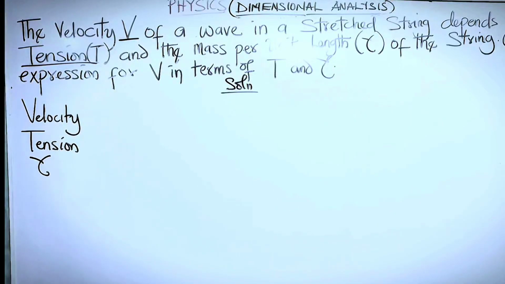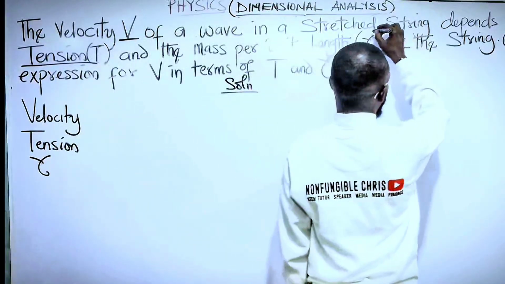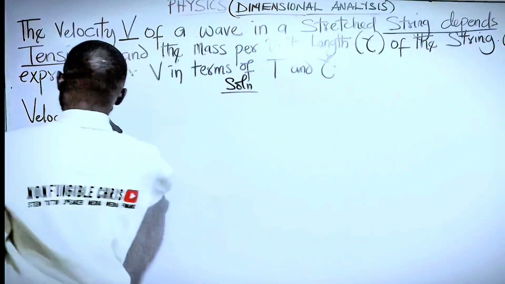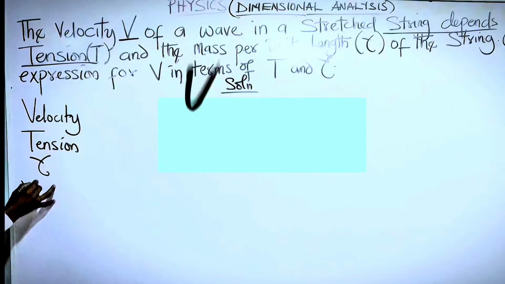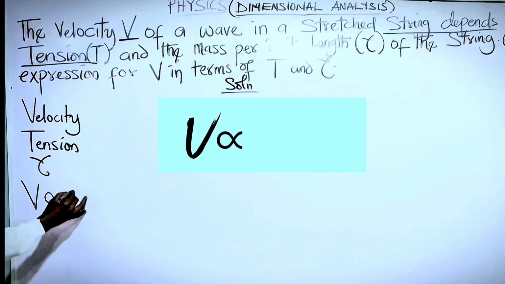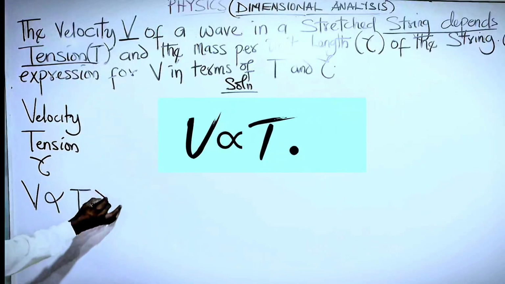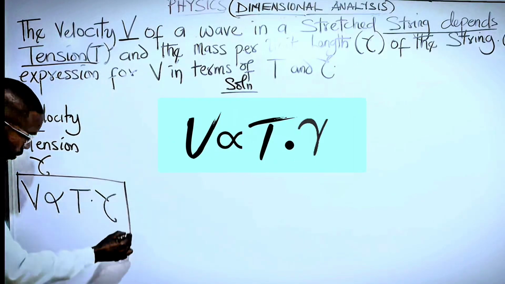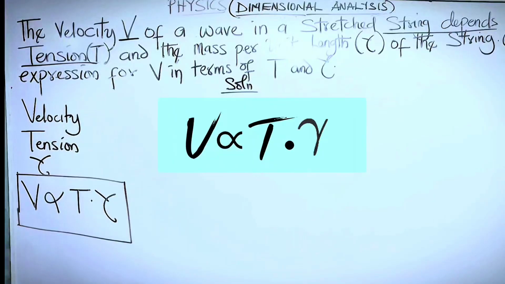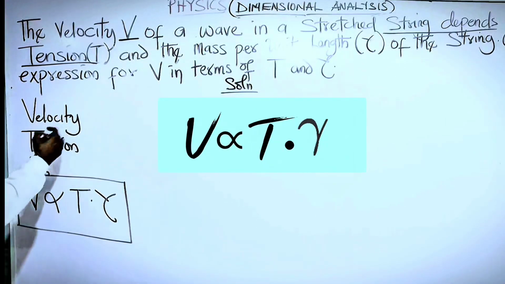So the velocity of the wave on the string depends. So it is the velocity that depends. That means, if push comes to shove, velocity is proportional to T times gamma. That's the thing we're looking at, right? But before taking it further, let's look for the dimension of velocity, tension, and what we have here.